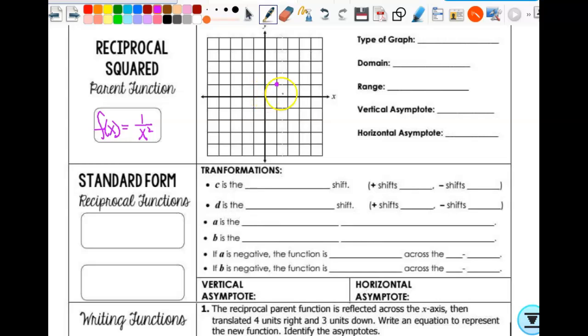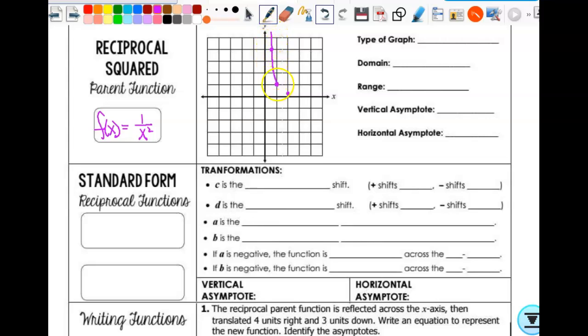If I substitute in 2, 1 over 2 squared is what? 1/4. If I substitute in 1/2, 1 over 1/2 squared is going to be 1 over 1/4, which is 4. So those are those 3 anchor points.